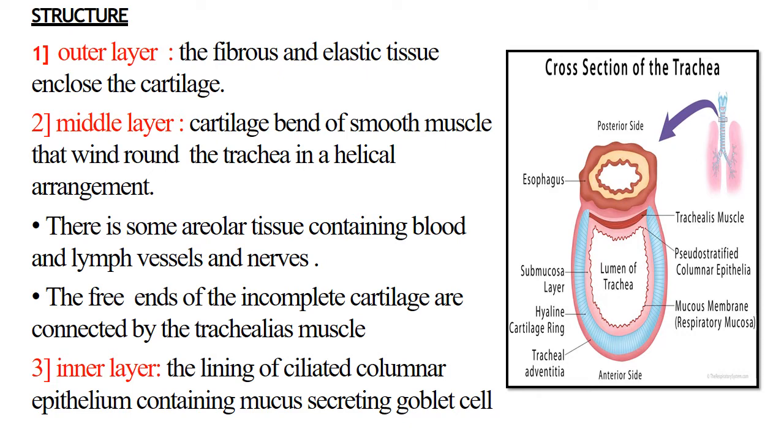There is some areolar tissue containing blood and lymph vessels and nerve endings. Also the free ends of the incomplete cartilage are connected by the trachealis muscle. And third, the inner layer is the lining of ciliated columnar epithelium containing mucus-secreting cells, that is the goblet cells. So these are the details of the three layers: outer, middle and inner.